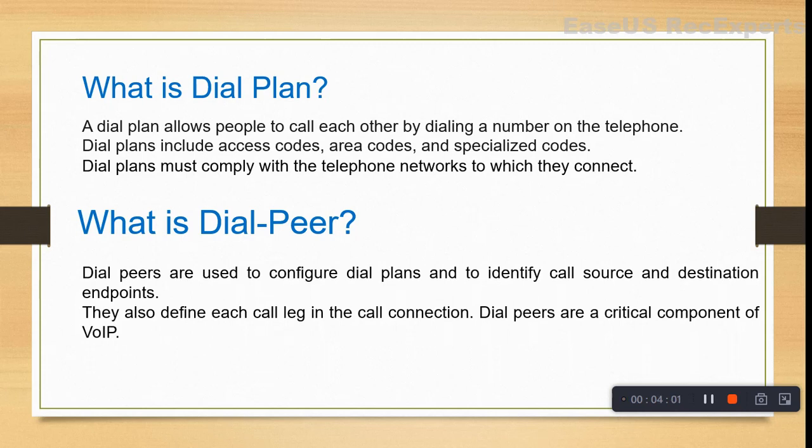They help us identify the call source and the destination endpoint. It can initiate a call or send a call to a destination. So we will have incoming dial peers and outgoing dial peers based on the call flow, based on the call direction. They will also help us understand the call leg, because that's very important to understand.